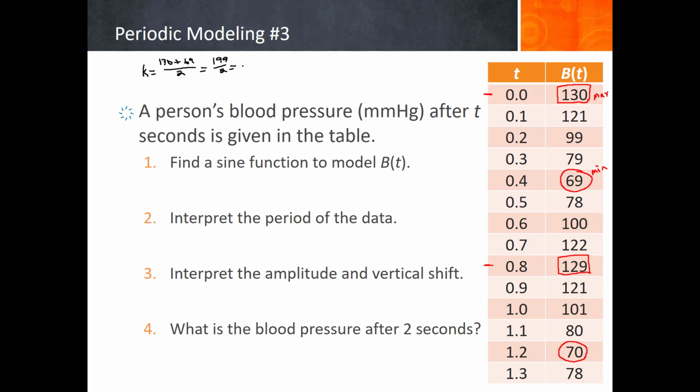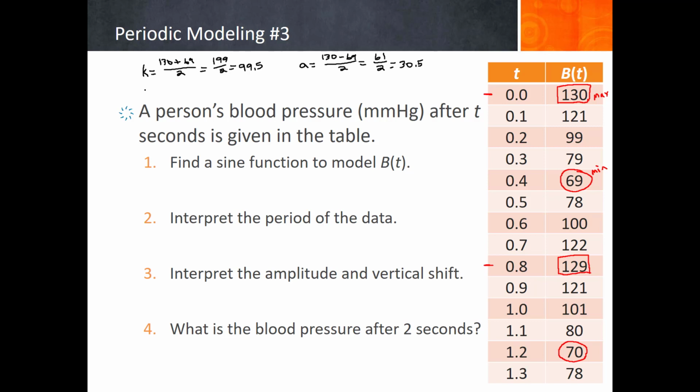And that's going to be 99.5. And then the amplitude is the difference. So 130 minus 69 over 2. That would be 61 over 2, which would be 30.5.